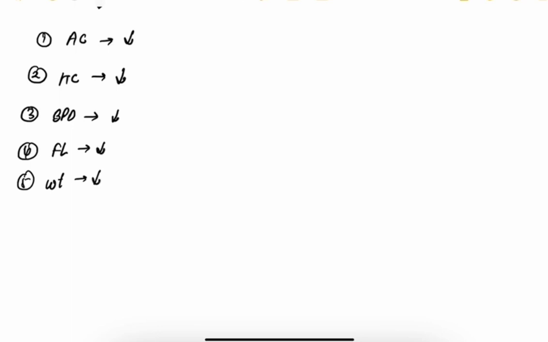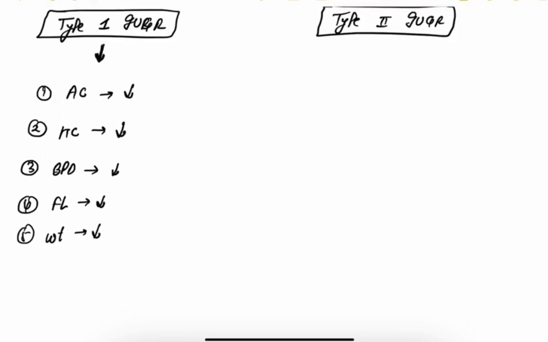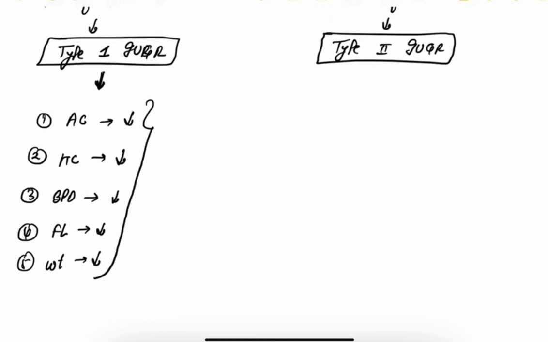So all the parameters are decreasing symmetrically. That's why type 1 IUGR is also known as symmetric intrauterine growth retardation.